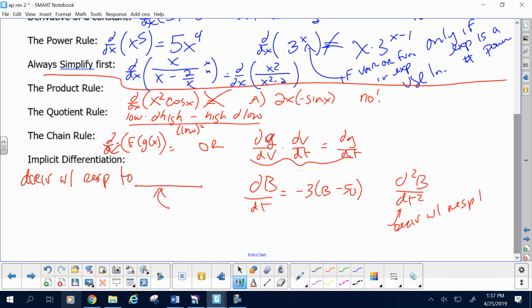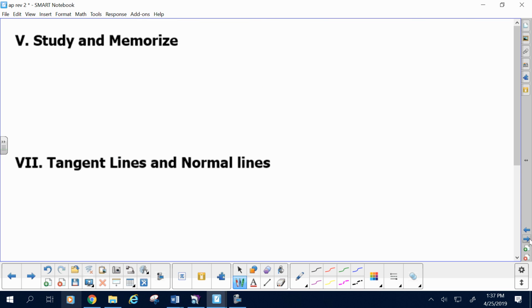Time. So is the second derivative just negative 3 because the derivative of b is 1? No, that would be if I took the derivative of b with respect to b. They asked me to take the derivative of b with respect to t. So it's negative 3 dB/dt. Obviously, you've got to pay close attention to the derivative with respect to what. Right? All right. Study and memorize.